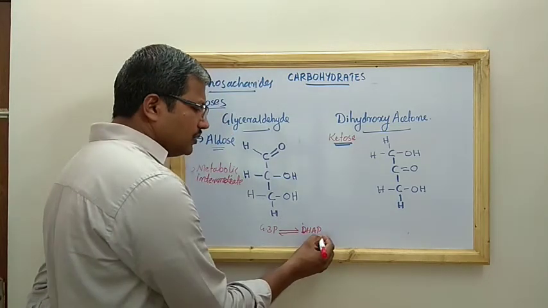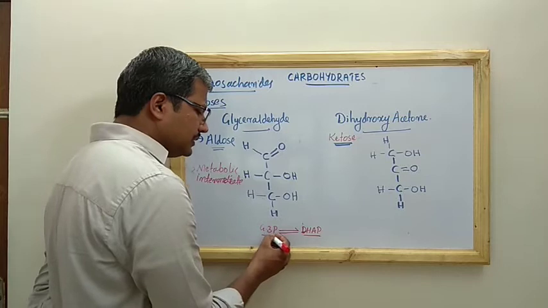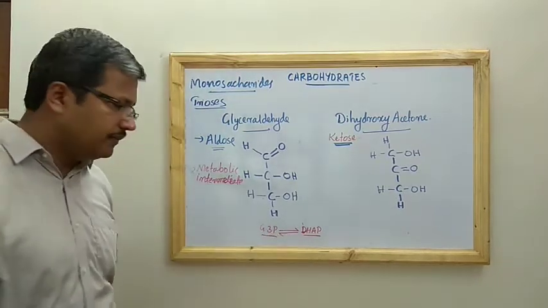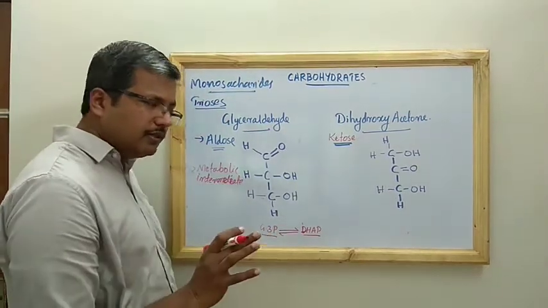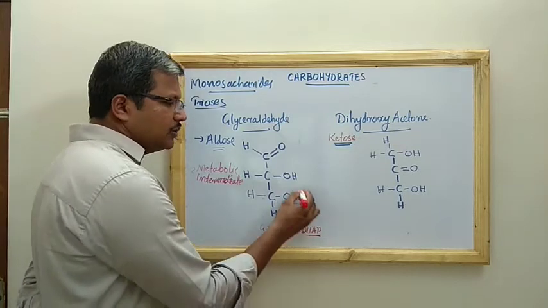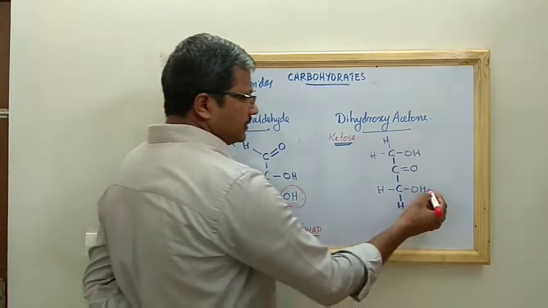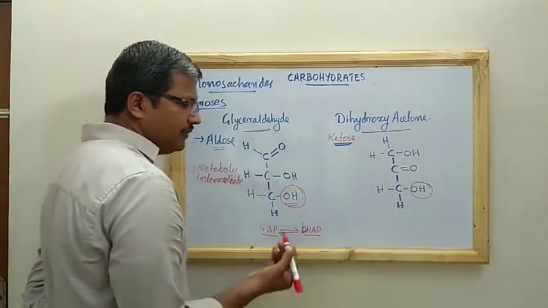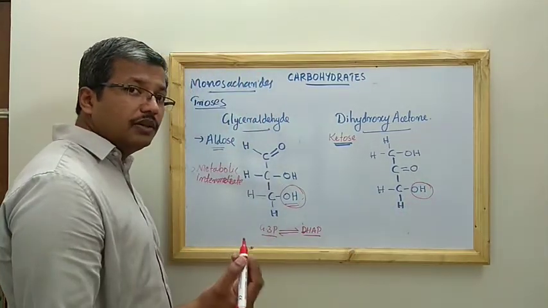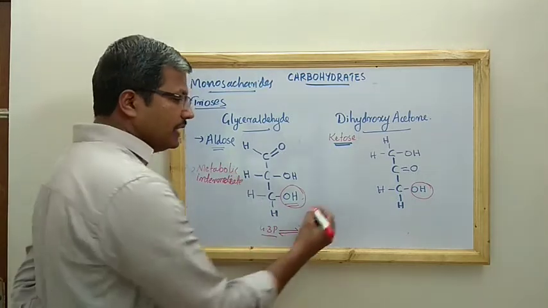Dihydroxyacetone phosphate will be converted to glyceraldehyde 3-phosphate. Glyceraldehyde 3-phosphate is nothing but a phosphate group attached to this particular carbon at this position, and in the case of dihydroxyacetone phosphate, at this position there will be a phosphate group. We have already learned what a phosphate group is, from phosphoric acid in buffers.